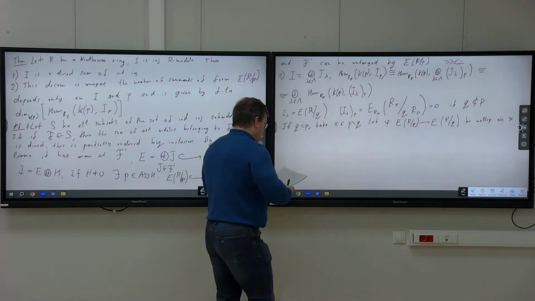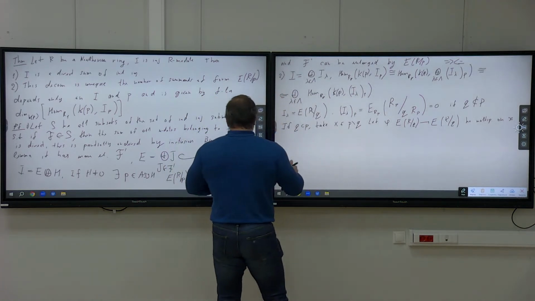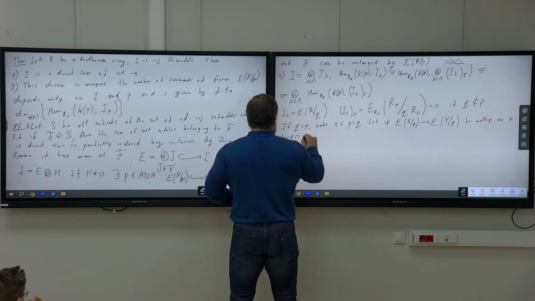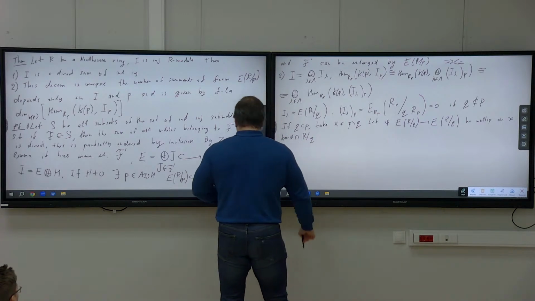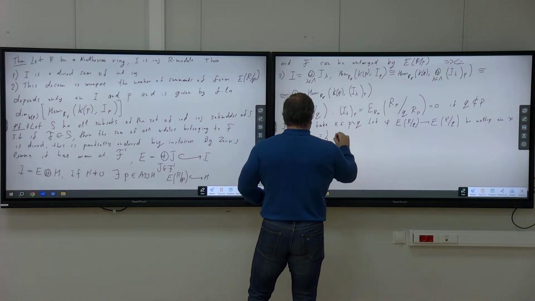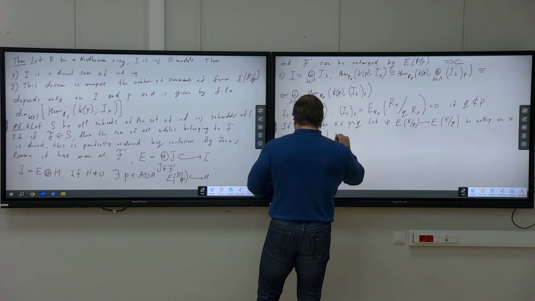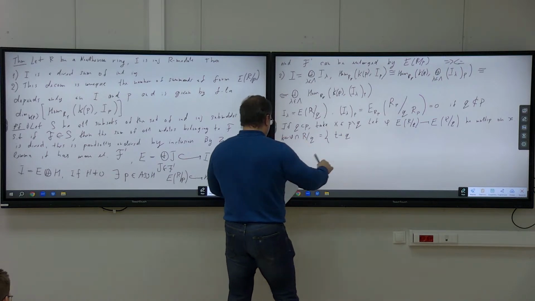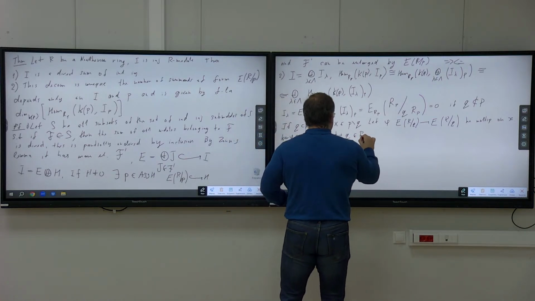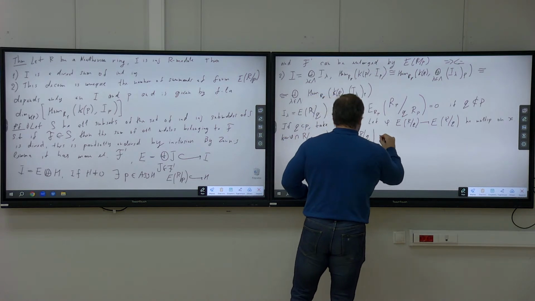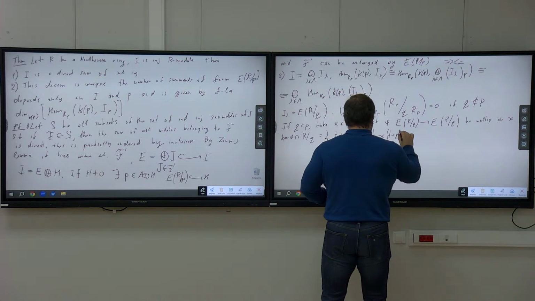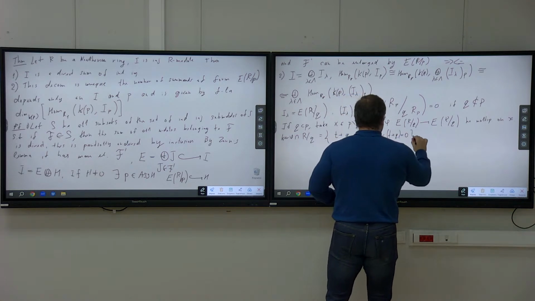If I look at the kernel of phi and intersect it with R modulo Q, these are classes with representative T in R modulo Q such that X acting on this class T plus Q is equal to 0.